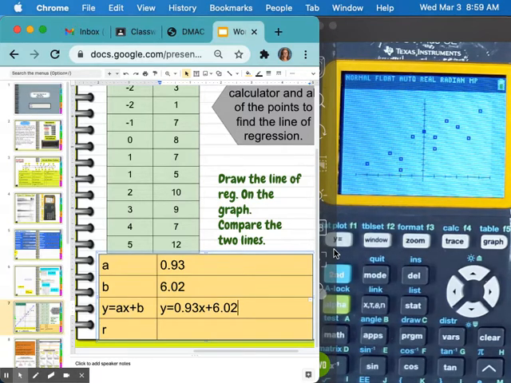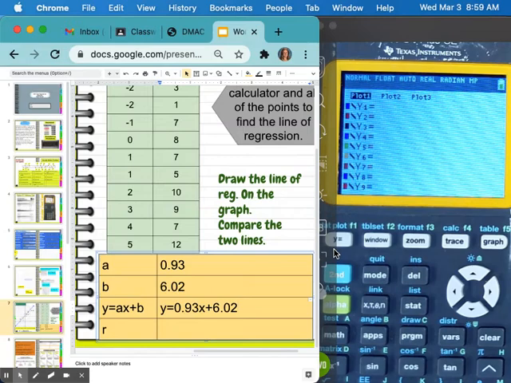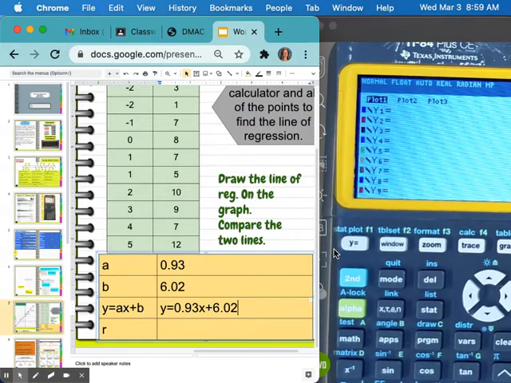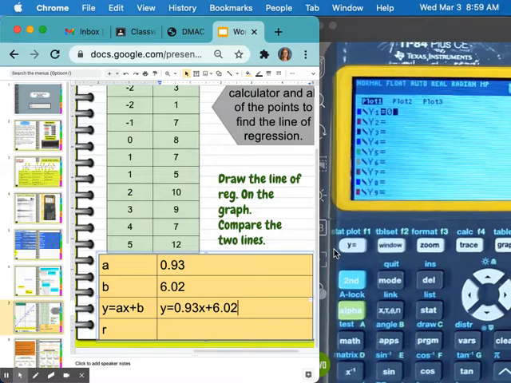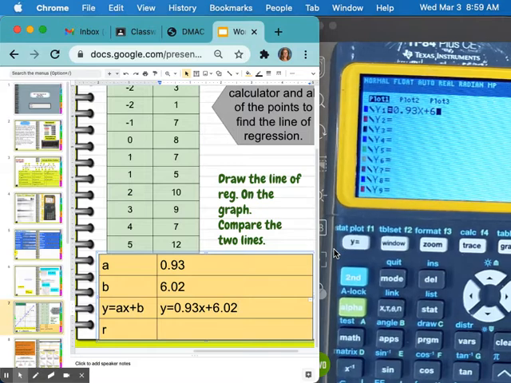Okay, we are going to graph our linear regression line on there and our line of best fit that we found. So let's do our linear regression first. Go to y equals 0.93x plus 6.02.